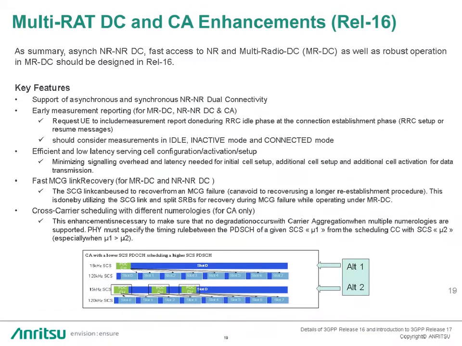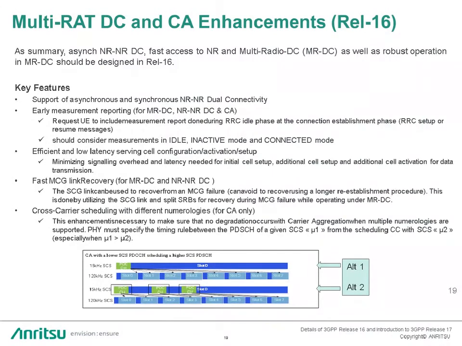As a key summary, existing Release 15 DC and CA is deployed based on synchronous NR to NR dual connectivity, while the feature in Release 16 focuses on more flexible deployment of NR dual connectivity by not worrying about the synchronization between the two gNBs, and they can be asynchronous.